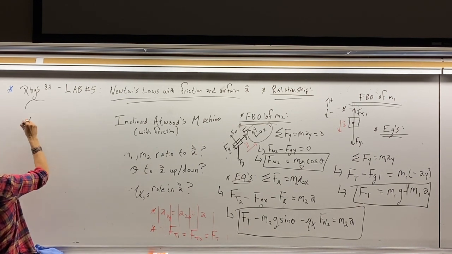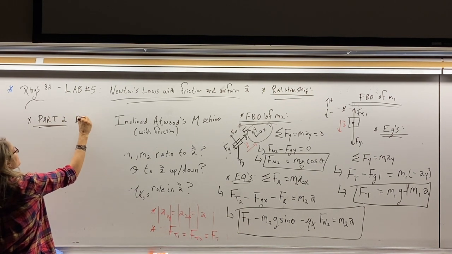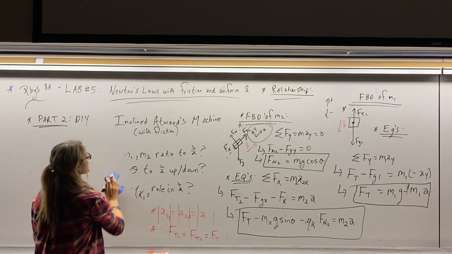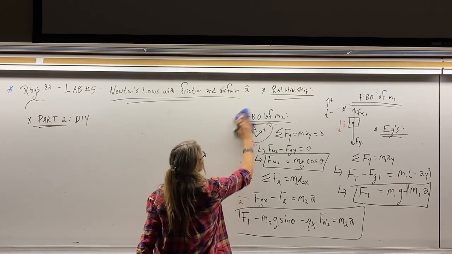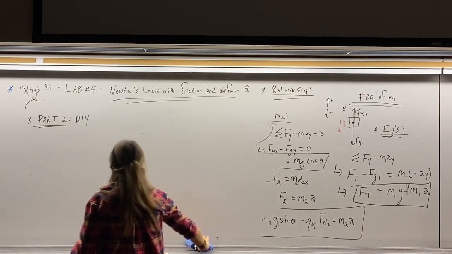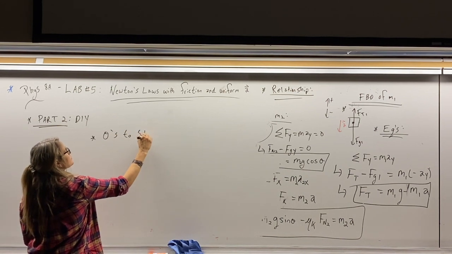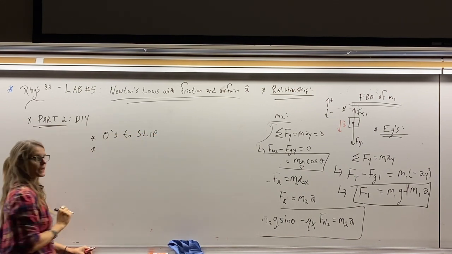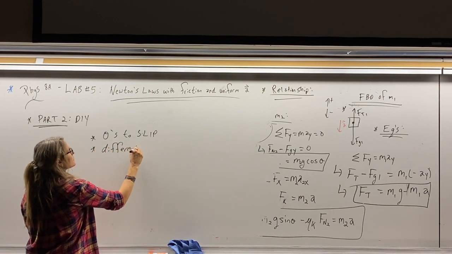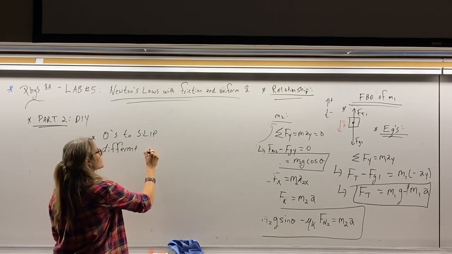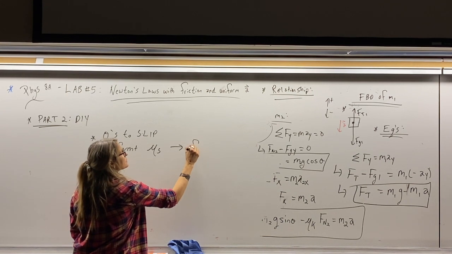And just a last note for your do-it-yourself, DIY project, you're just looking at angles to slip, and you want to note that different coefficients of static friction affect the angle.